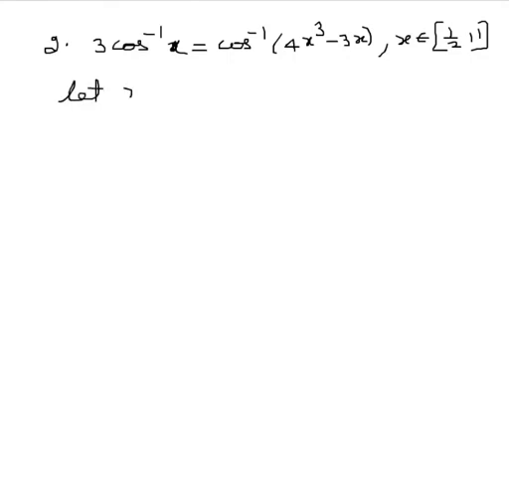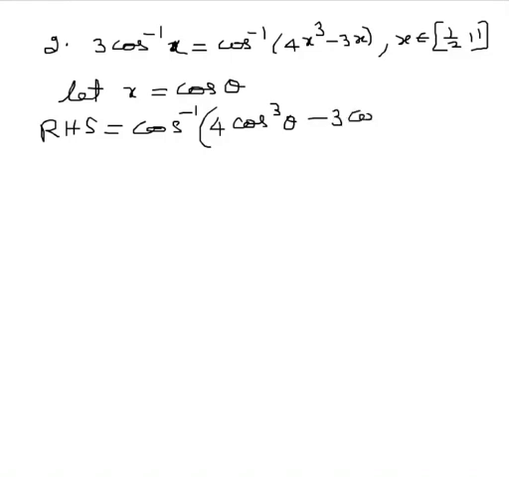So let us take x as cos theta and substitute for x on the right hand side. Cos inverse of 4 cos cube theta minus 3 cos theta, and this is the formula of cos 3 theta.